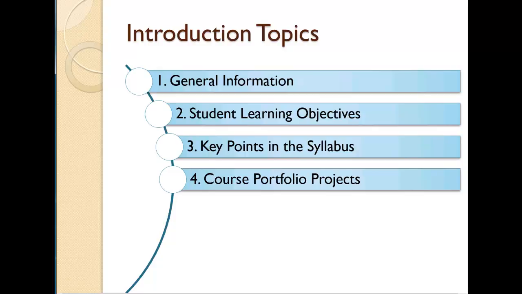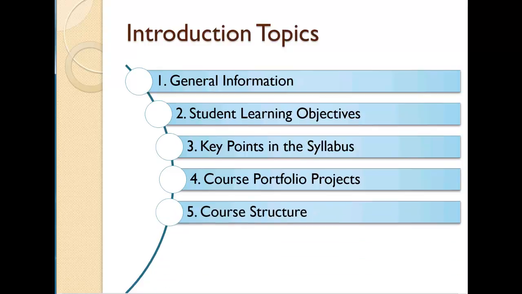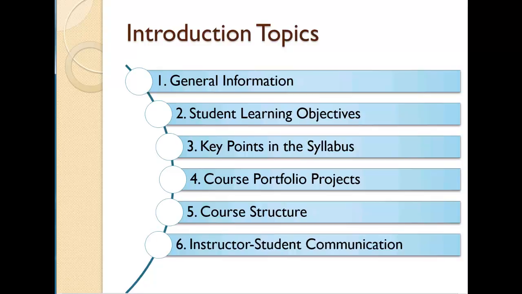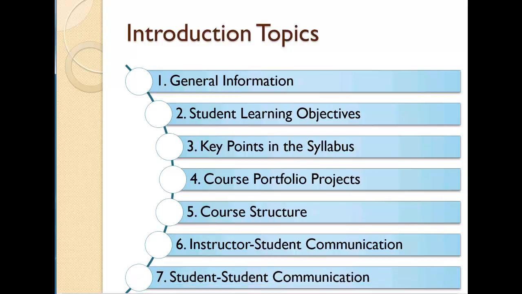You guys will be doing a series of course portfolio projects, and I just want to make sure I touch bases on it. Fifth being the course structure, how this course will go along since it is an online course. Sixth, the instructor to student communication. And seventh, the student-to-student communication.